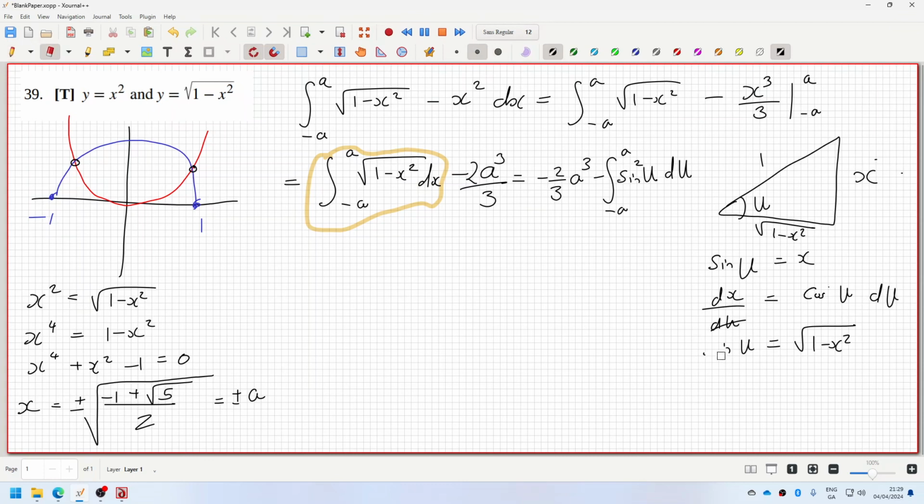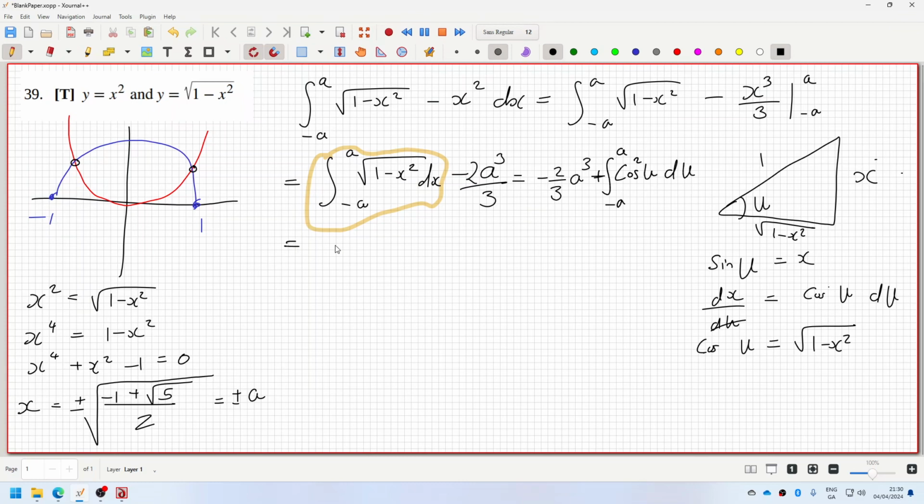And it also means then that cos u will be the root. So I'll just change that now. Integration from minus a to a. The root is cos u. And then the dx, that's cos u du. So that would be cos squared u du.